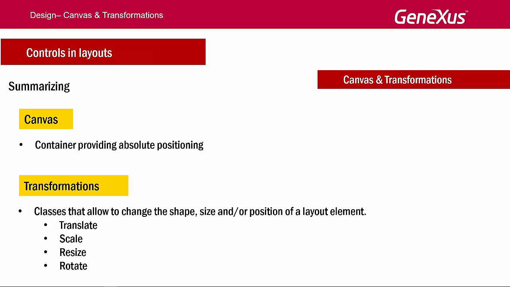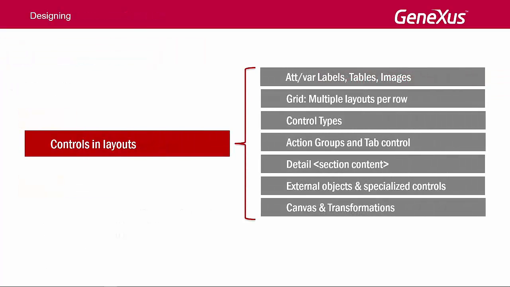Among other things, this will allow us to overlap controls. In addition, transformations allow a layout control to be moved, scaled, resized, or even rotated at runtime. To this end, special classes are defined under the Transformations node of the theme. This is all we wanted to study about layout controls, so let's move on to the next topic.